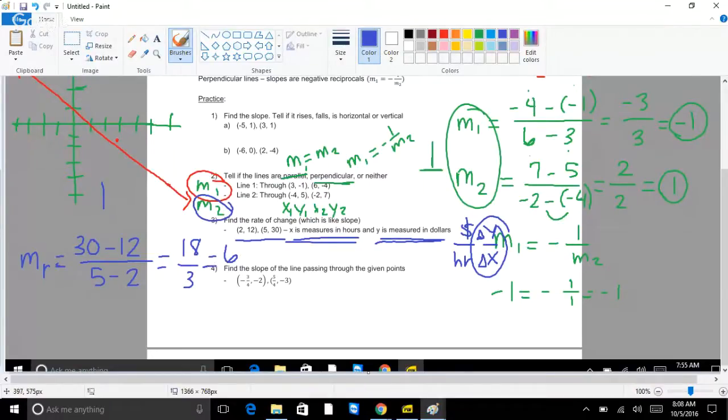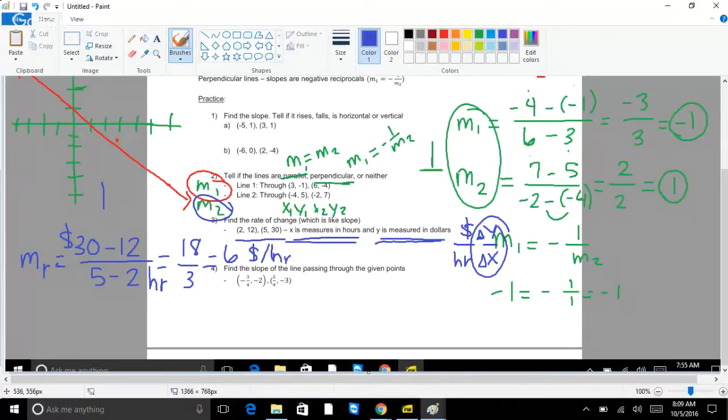Now, because we were using a rate of change which has units, we need to think about what units we have on here. Y is measured in dollars, so here we were talking about dollars, right? And X is measured in hours, so we were talking about hours. So if you look at what the rate is, we were talking about $6 per hour.